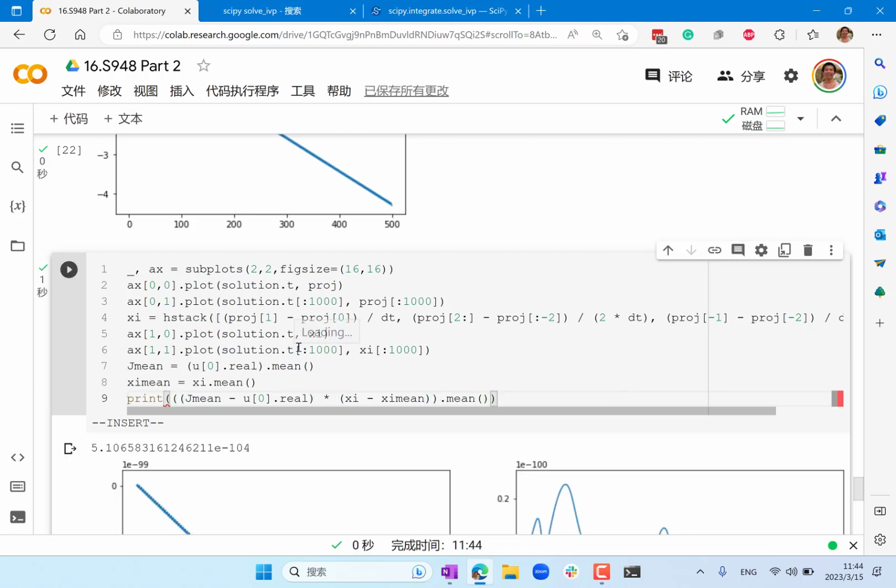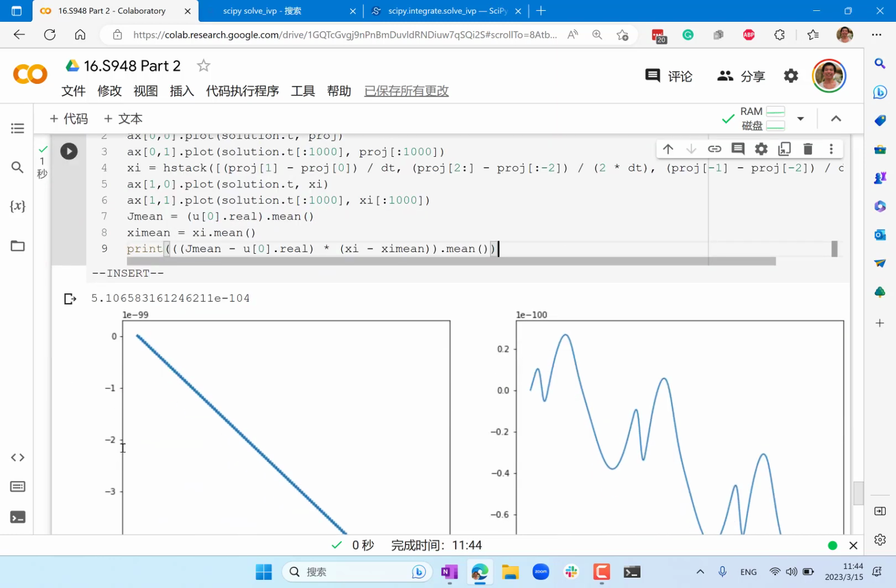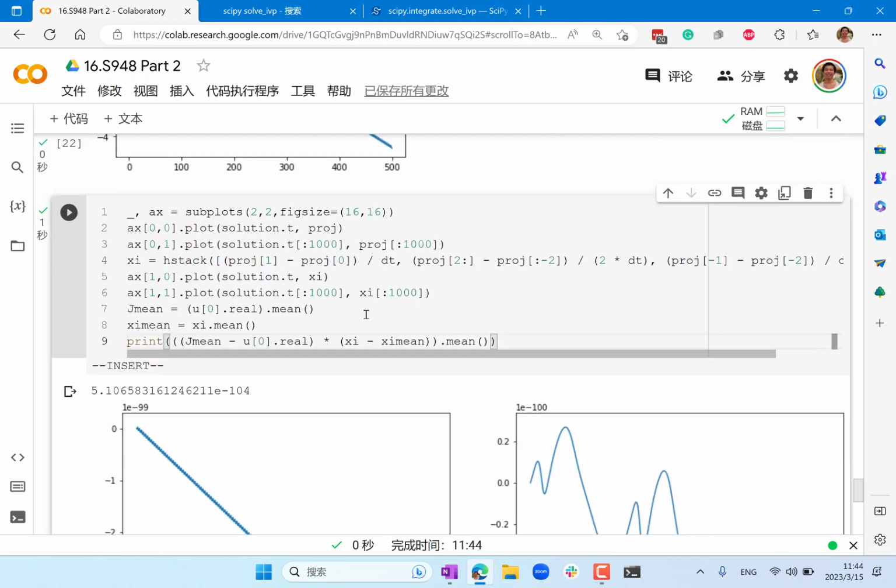Let's see what we get. We get this 10 to the minus 104. Is there a delta t that I'm not taking into consideration here? Oh, sorry. J is not just u0 dot mean.